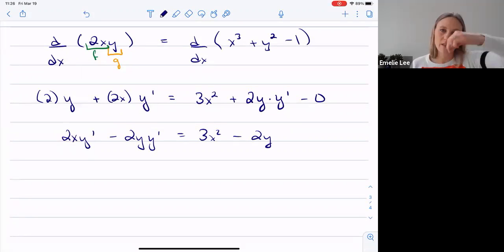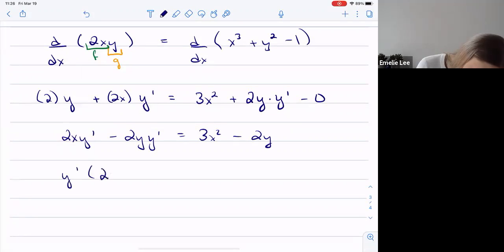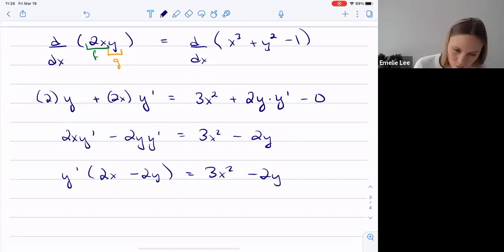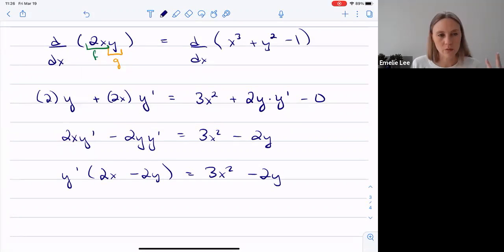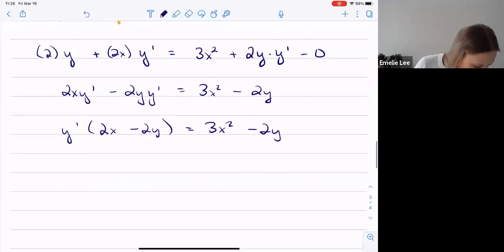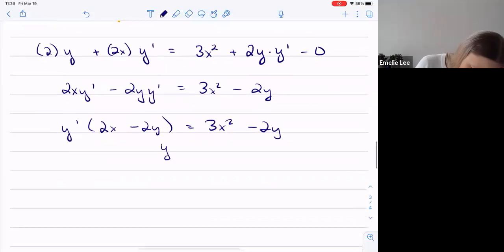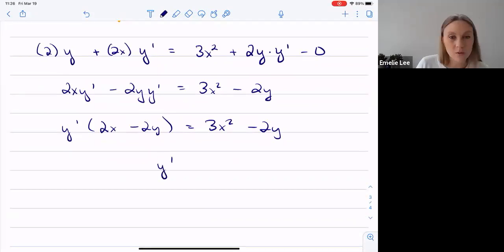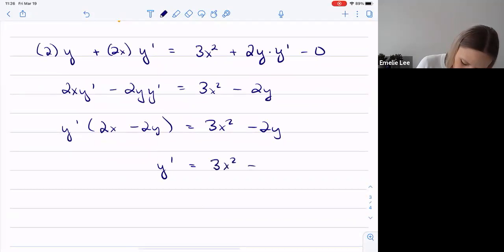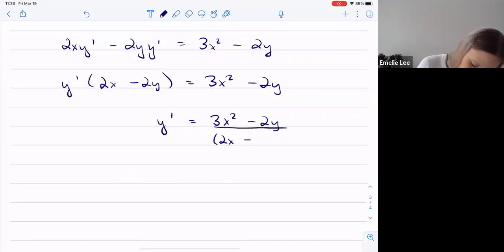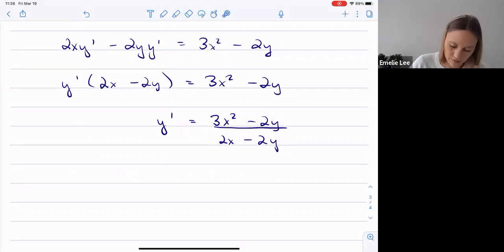Pulling out the common factor of y prime, I get y prime times 2x minus 2y is 3x squared minus 2y. Right-hand side didn't change. So then I can solve for y prime, and maybe I should put it on its own line here. y prime is then 3x squared minus 2y over 2x minus 2y, and I guess I don't need those brackets because they're not really doing anything.